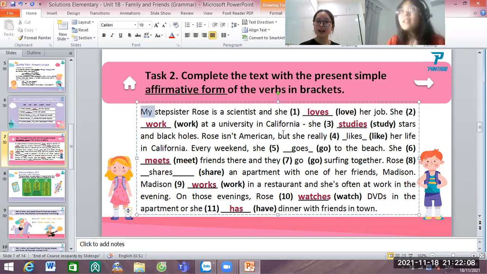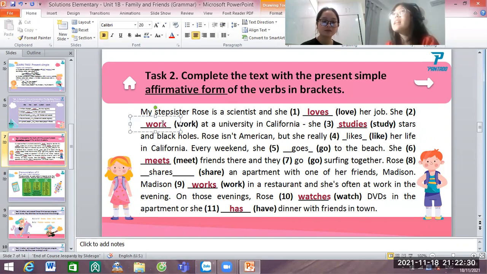Can you read this text for me? My stepsister Rose is a scientist and she loves her job. She works at a university in California. She studies stars and black holes.